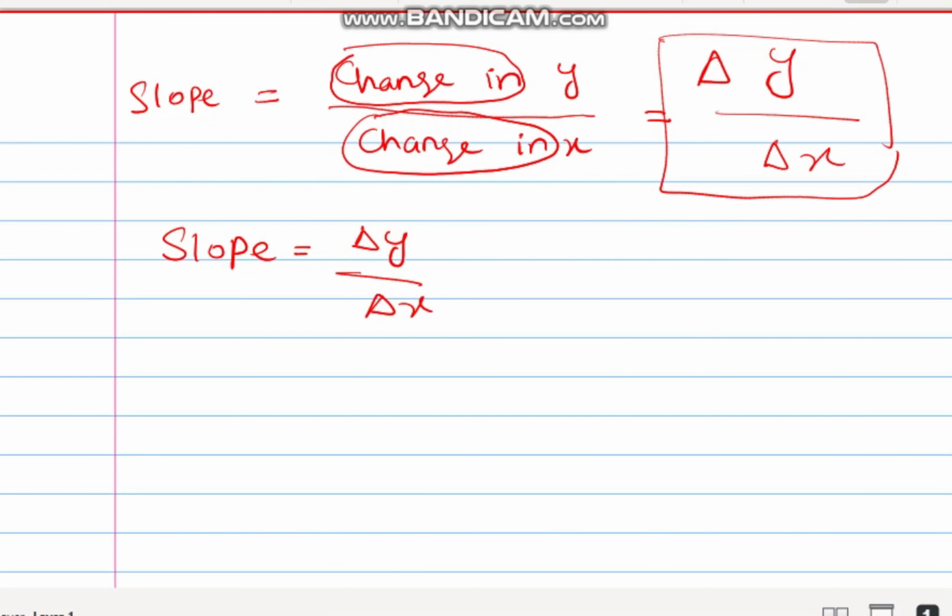This is a very important thing. Let me enclose it in a box because this is the important formula.